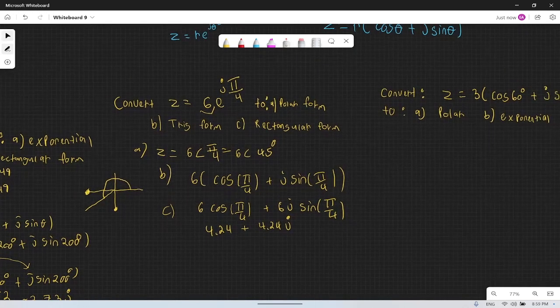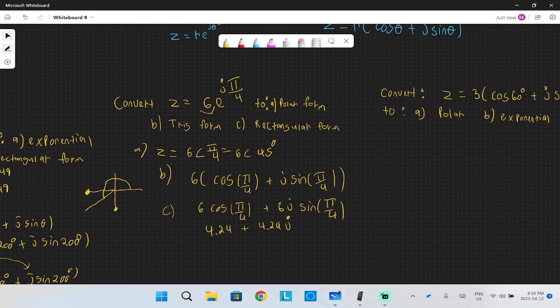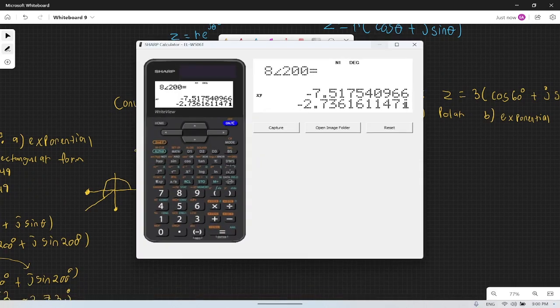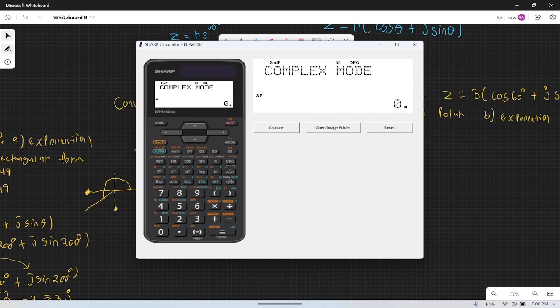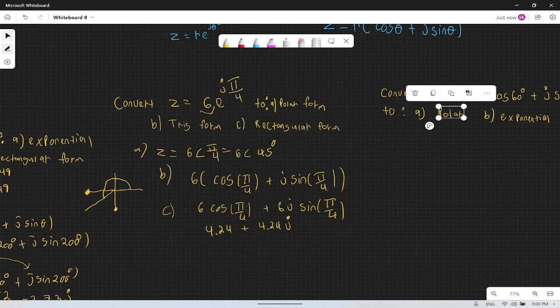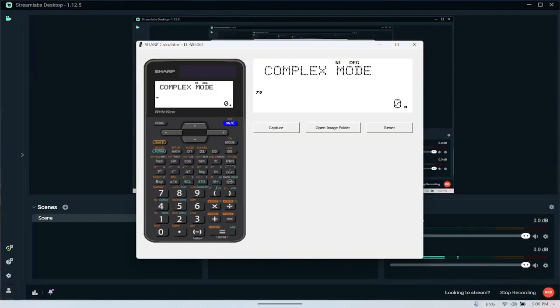There isn't an exponential form on the calculator, but we could put it to our polar form. Hit second function, go to r theta, and then we had, was it 8 or 6? 6. Second function, angle.